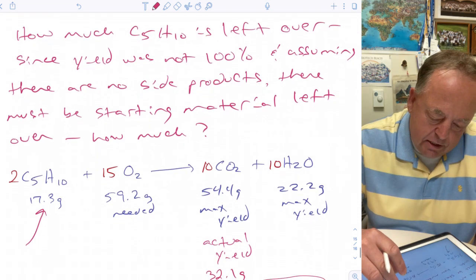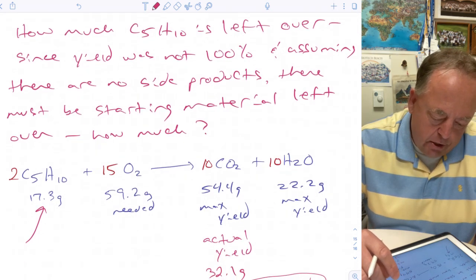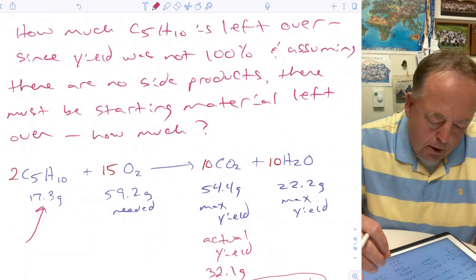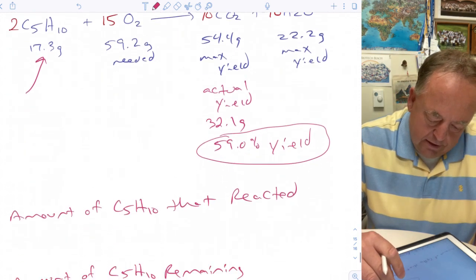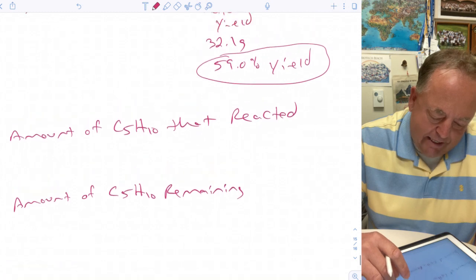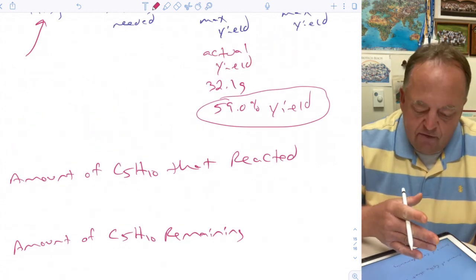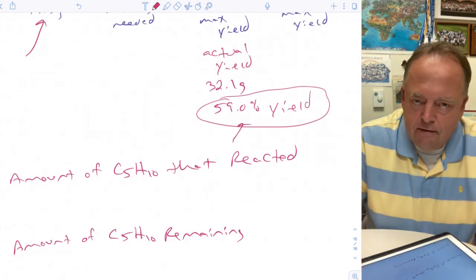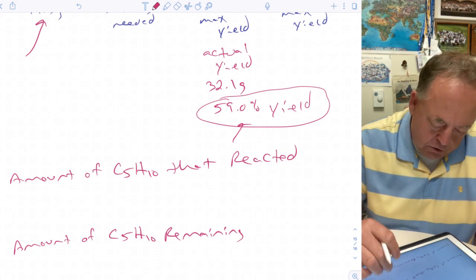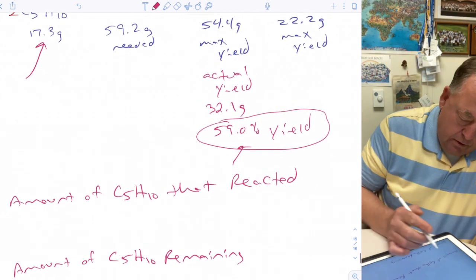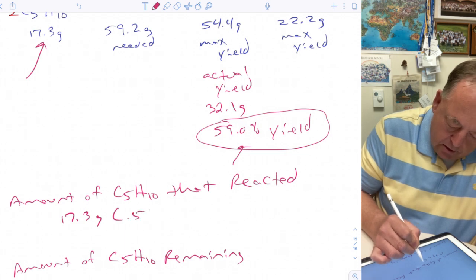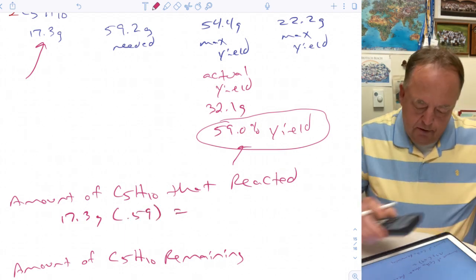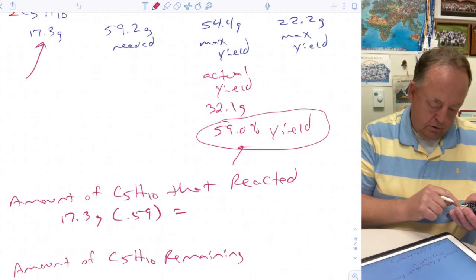Okay, so last question then. Since we did not get 100% yield, then assuming there's no side products, how much starting material is left over? So the math here is pretty easy because we had exactly the right amount of everything, so the percent yield applies to both the C5H10 and the O2. So 17.3 grams started with times 0.59. 17.3 times 0.59.